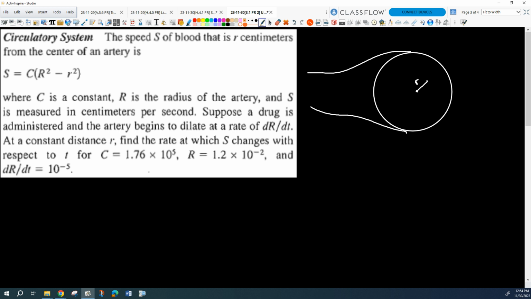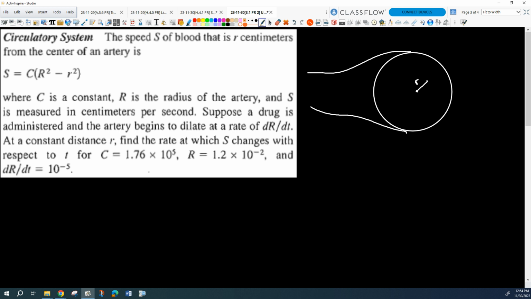So at some distance little r, they're asking, as the artery dilates, as it expands at that fixed distance, what's going to be the rate at which the speed of the blood changes? Okay, so if the units of S are centimeters per second, this is going to be centimeters per second, right? You want to know at what rate is the blood velocity changing at that distance from the center as the artery dilates. Okay, everybody wrap their head around that one?